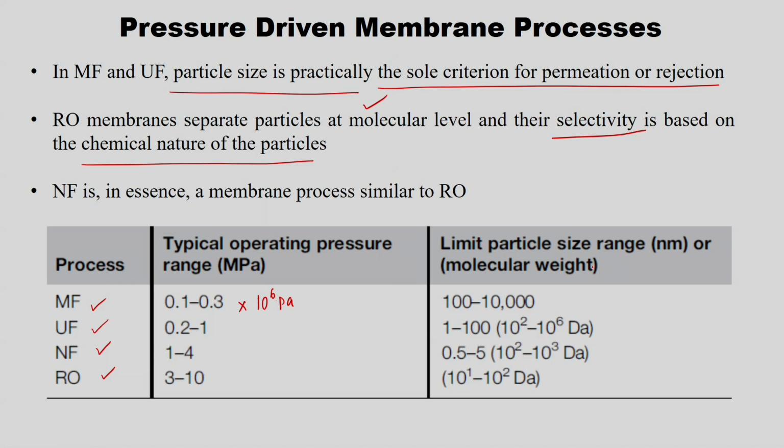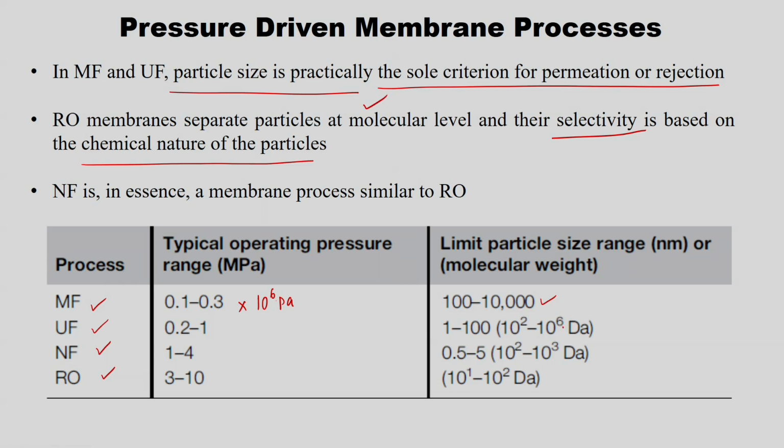In terms of limit particle size, beyond which it cannot allow, in nanometers as well as molecular weight: microfiltration is 100 to 10,000 nanometer, and ultrafiltration is 1 to 100.